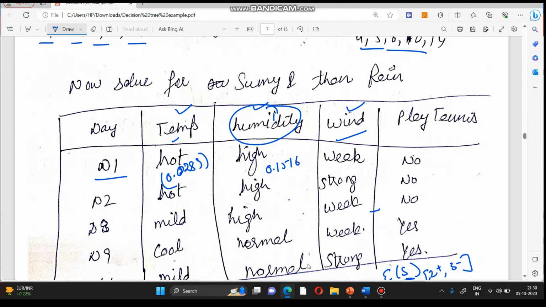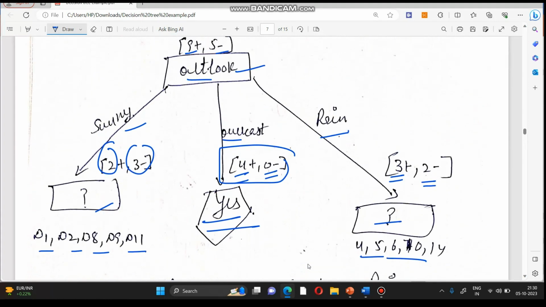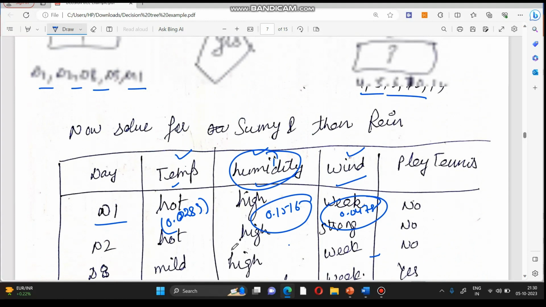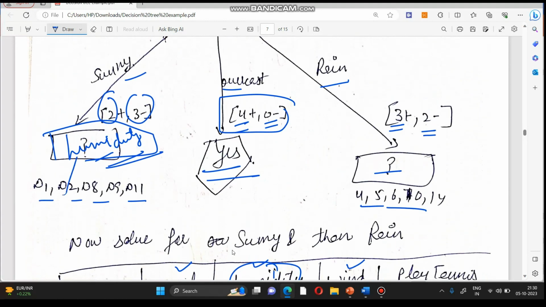Now when we talk of wind, we have calculated it as 0.0478. So now have a look which one is having the highest information gain. Humidity. It means after this, we will decide that my next parent will be humidity. Now based on this humidity, we are having high and normal, so two nodes will come from this.